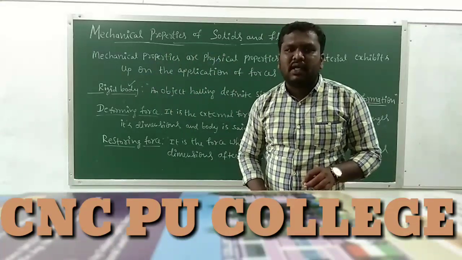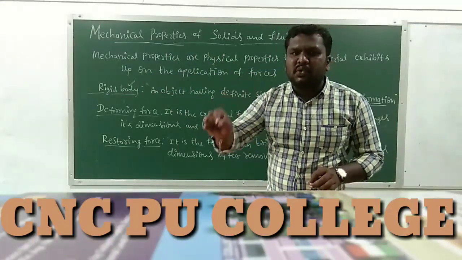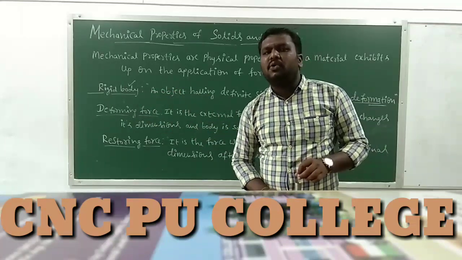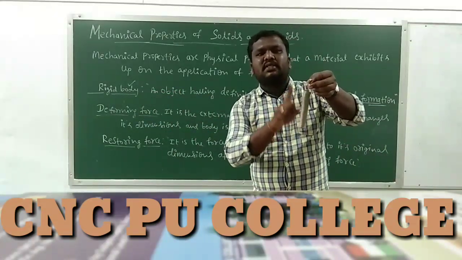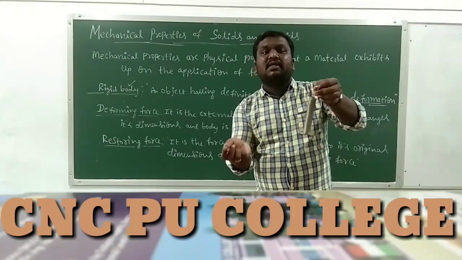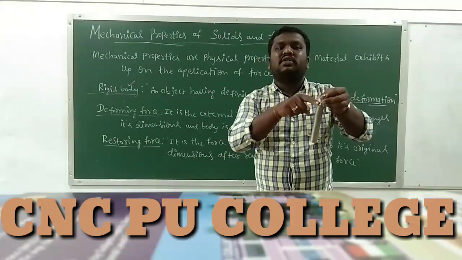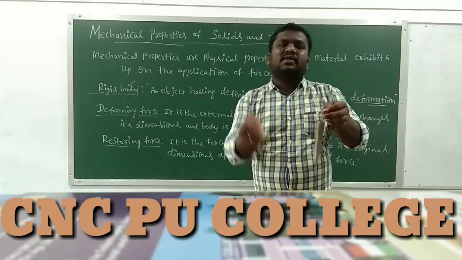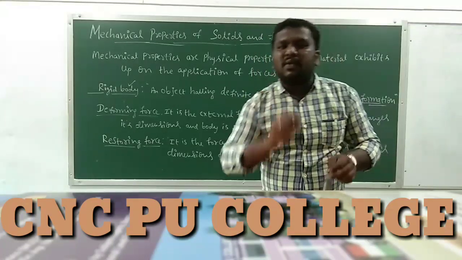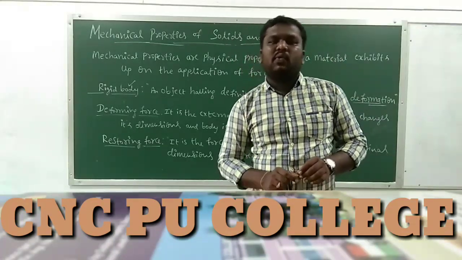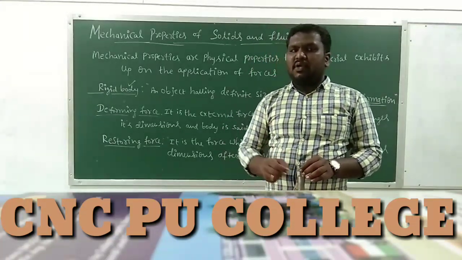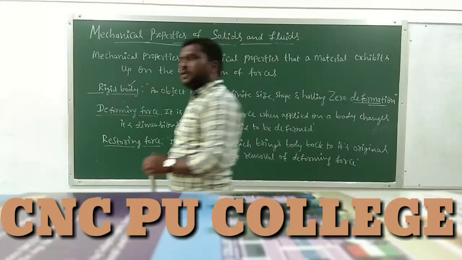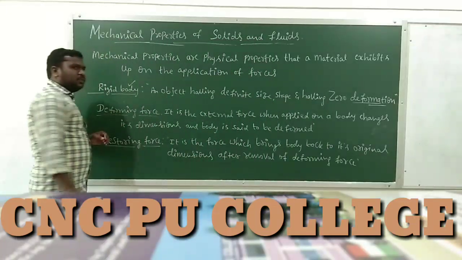What is it going to restore? It is restoring the initial size and shape. That means it is restoring its original state, or its original dimensions. Then how can we easily define restoring force? Can we give the definition of restoring force? Yes, it is very simple.